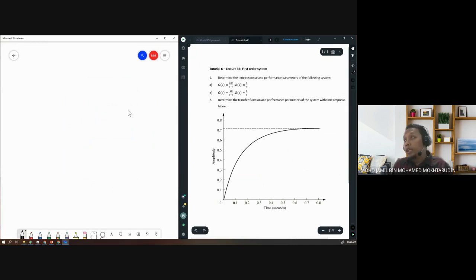Before we blindly answer the question, let's write the equations involved for a first order system.